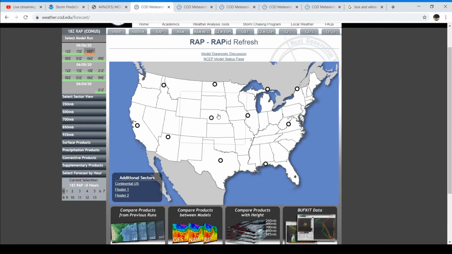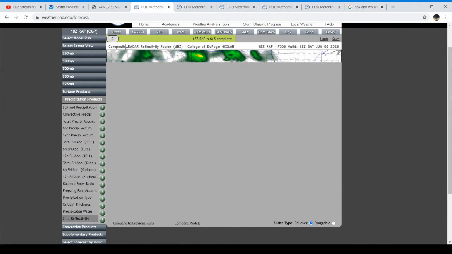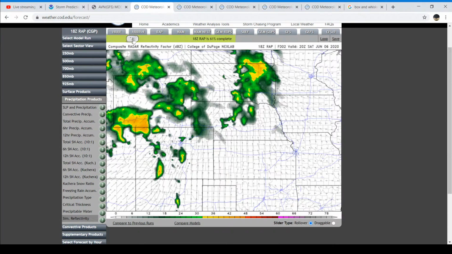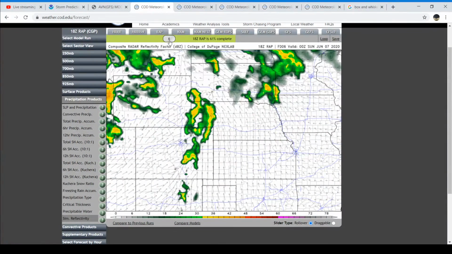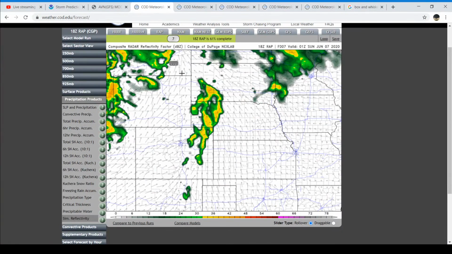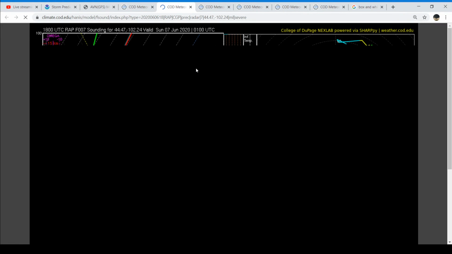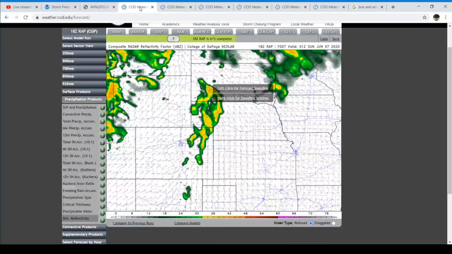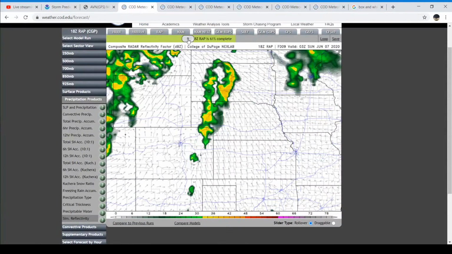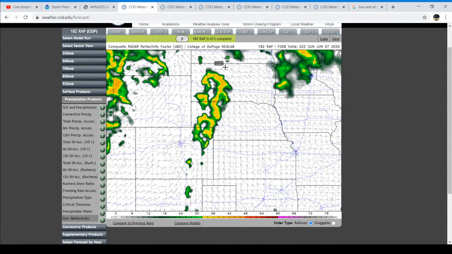So let's see what the RAP says. See if it agrees about later this afternoon, but right in here, 00Z. So it says none. 02Z.